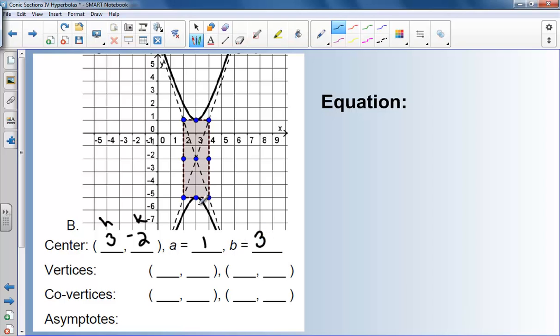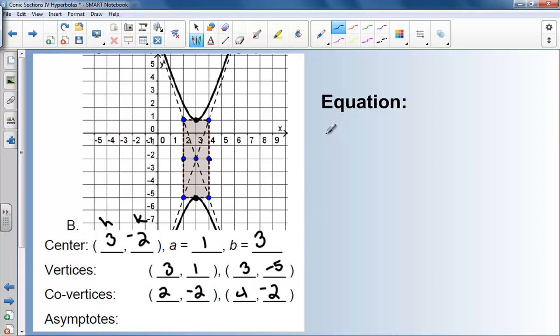For this graph, my vertices are going to be these points because they are on the graph. So I have a vertex at 3, 1, and I have a vertex at 3, negative 5. The co-vertices would be these other points that I used. So I've got 2, negative 2, and 4, negative 2.